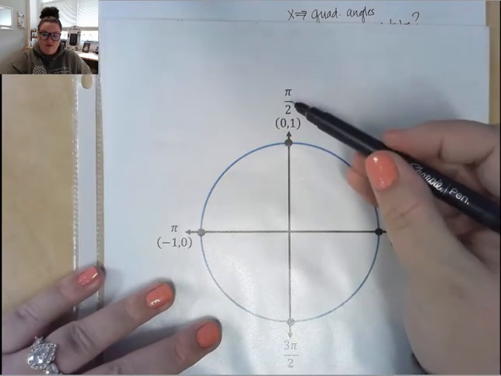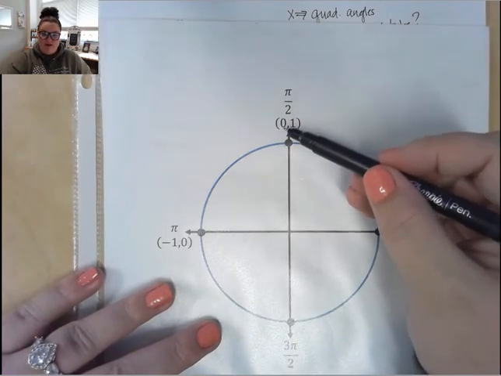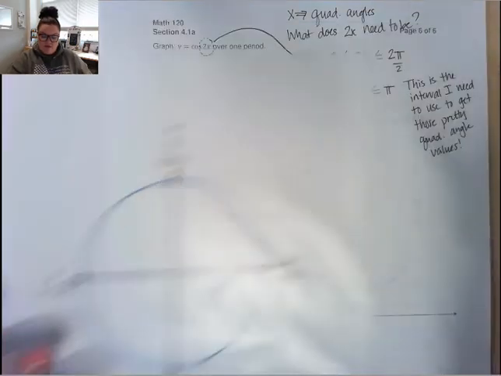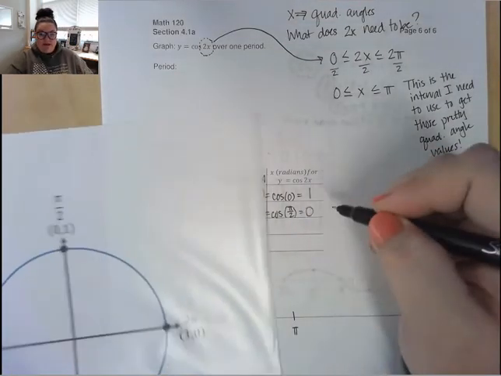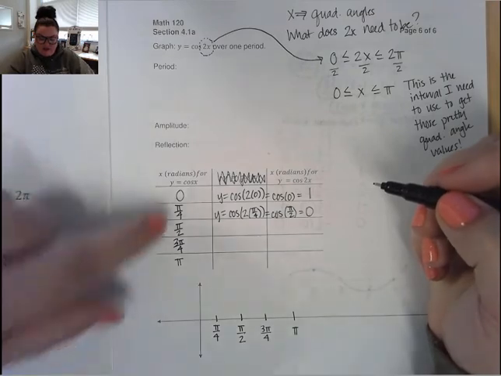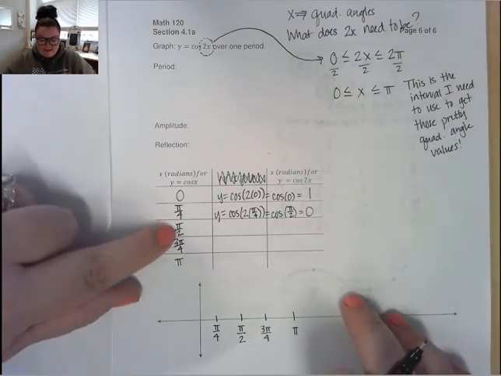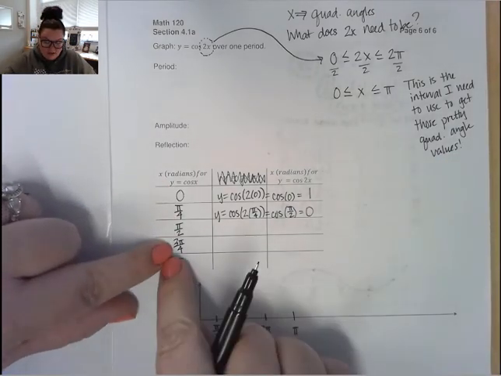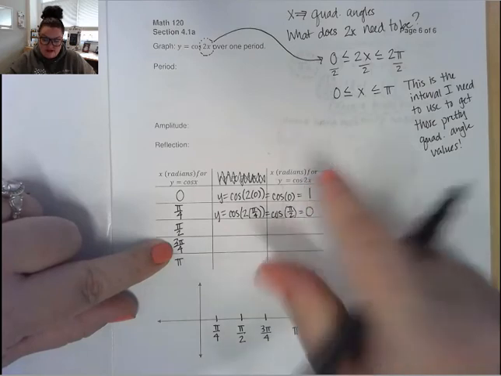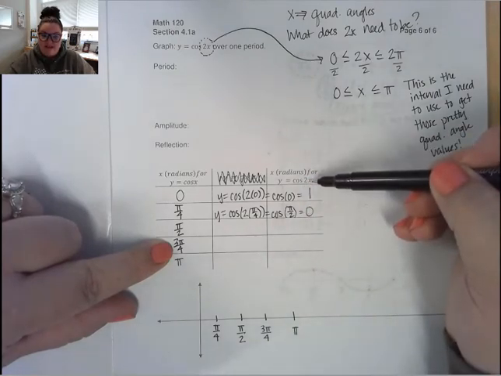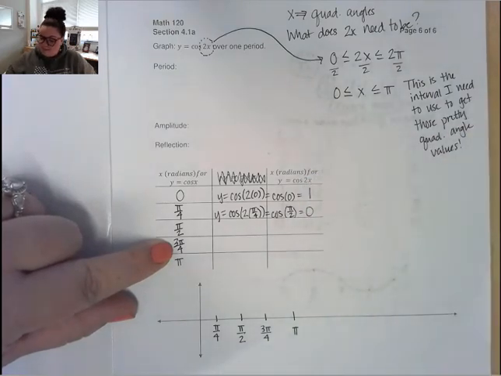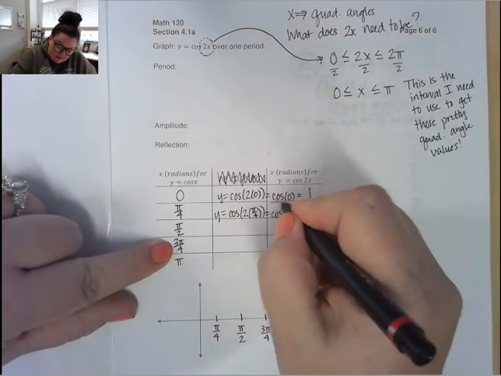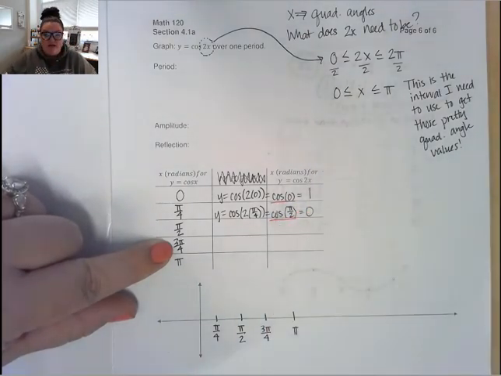Here's pi over 2. If I want the cosine value of it, I look for that x value, which is 0. So basically what I did is I ensured that whatever x's I picked, when plugged into this function that has some kind of multiplication on the inside, what I would end up with is those nice quadrantal angles.